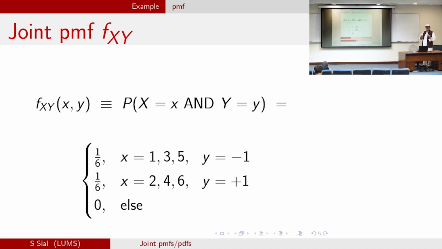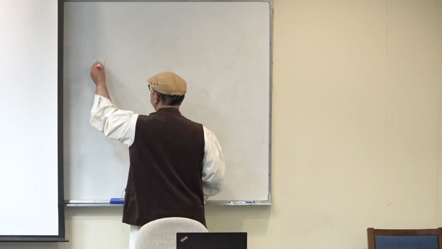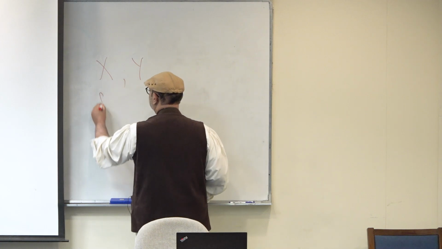Right? So, you have a random variable x. It has its own PMF. You have another discrete random variable y, which is defined on the same sample space. X and y are defined on the same sample space. So y has its own PMF, right? So you have x and you have y.